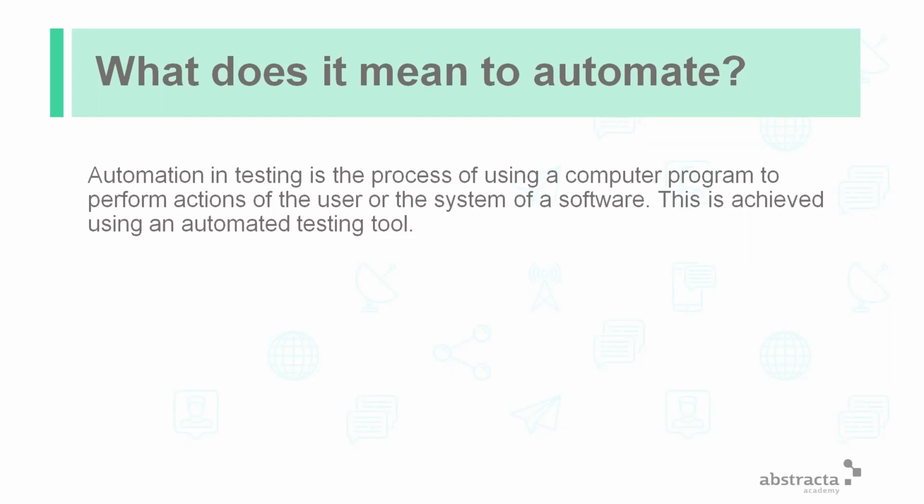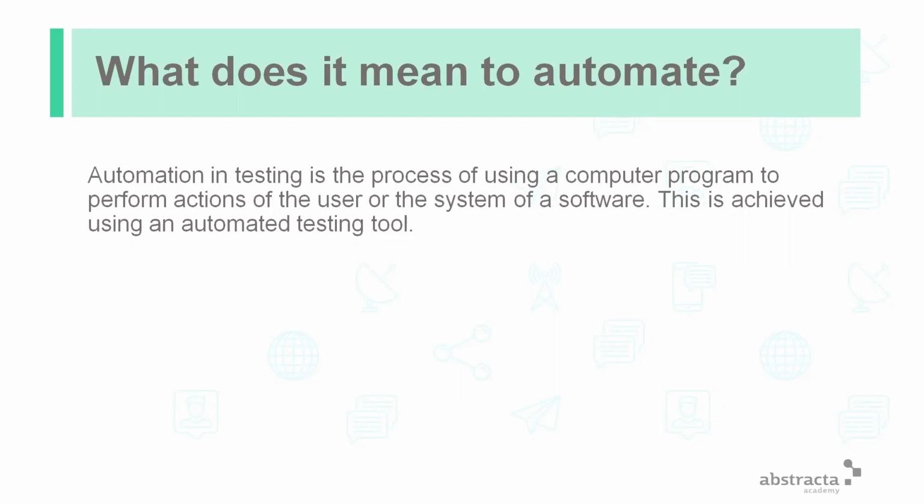Therefore, the solution was automated testing, which consists of something as simple as a program that runs the functions with different data, pushes the buttons, the same as the tester, and then programmatically verifies if the result is expected, if it is correct, right?